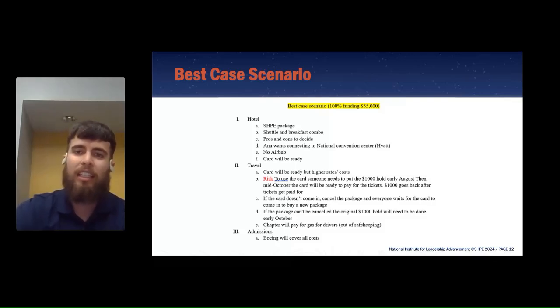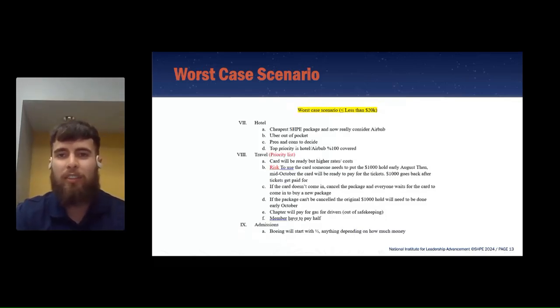Moving on to the next slide, it's the worst case scenario, which is kind of repeating itself, but shows how it will change our strategy, our approach to nationals. If it's our worst case and we don't get as much funding as we expected, now we have to start a priority list. That priority list is about who is more worthy to go to nationals, who's done more for the chapter, stuff like that.